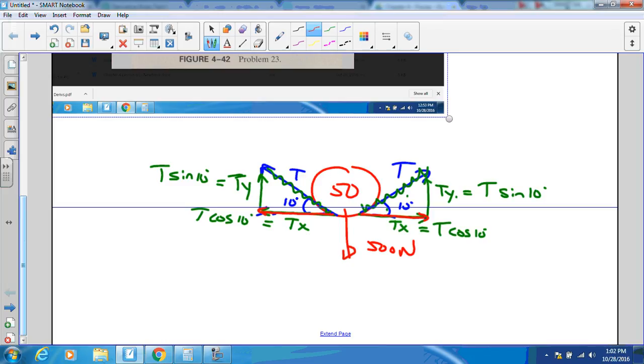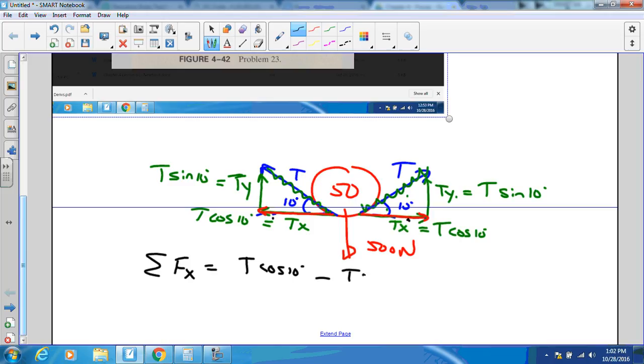Now that we have all of our forces represented with horizontal and vertical components, we can go through and add them up in the x and the y directions separately. First of all, for the sum of forces in the x direction, we have just Tx here and Tx right here. Those are the only two horizontal arrows. The Tx on the right is pointing to the right, so it is positive.